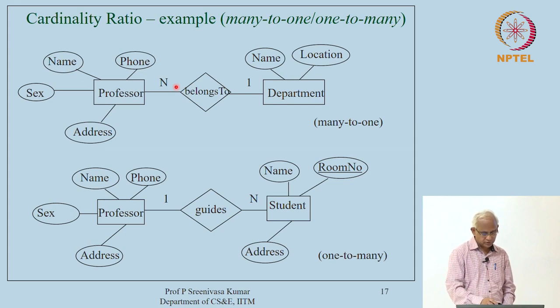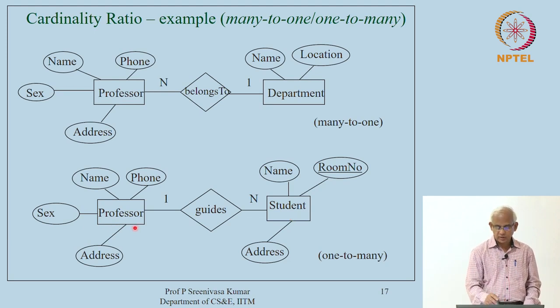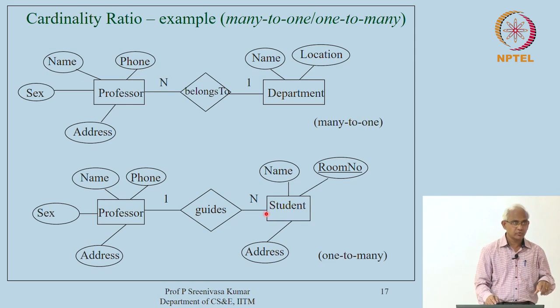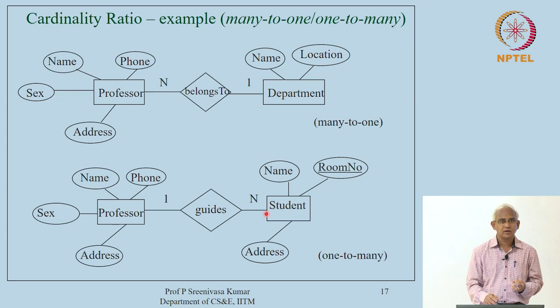Now, let us look at this. Professor guides a student. Here is a one to many relationship. Each professor can guide multiple students, and a student is always guided by at most one professor. Let us say that is also a policy. It is not sacrosanct, but let us say the institute has adopted a policy saying that each student is to be guided by one professor, so that he is not too confused about what to do.